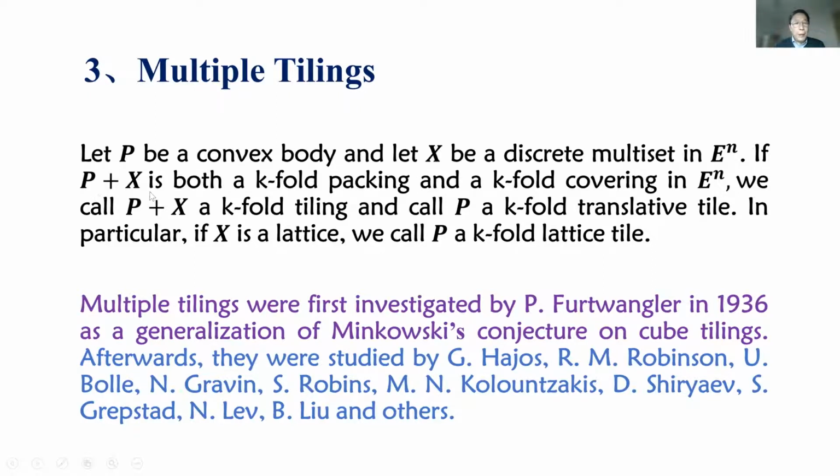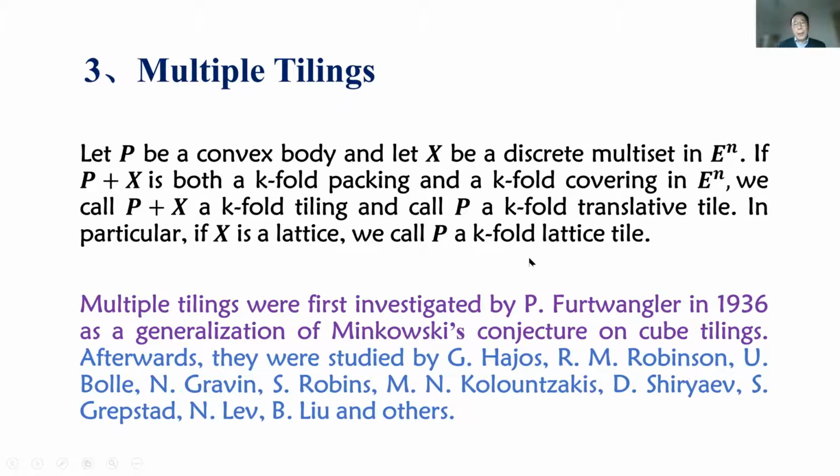If P plus X is both a k-fold packing and a k-fold covering in the Euclidean space, then we call P plus X a k-fold tiling and call the polytope a k-fold translative tile. In particular, if the translative set is a lattice, then we call the polytope a k-fold lattice tile.